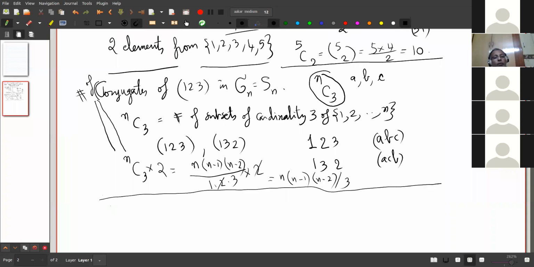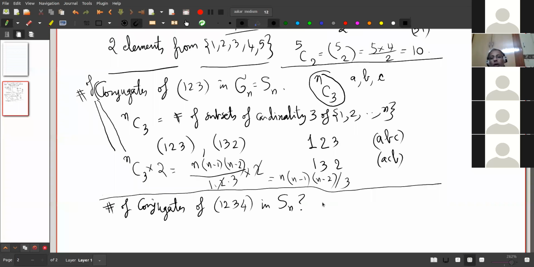Let's try the number of conjugates of 1, 2, 3, 4 in Sn. Then combination 4 times 3 factorial. Okay, let's see. Yeah, okay.